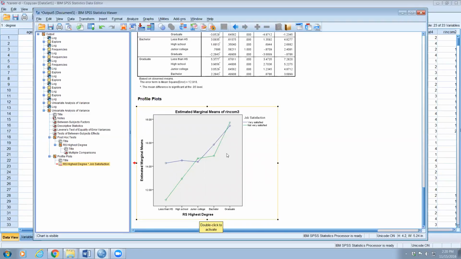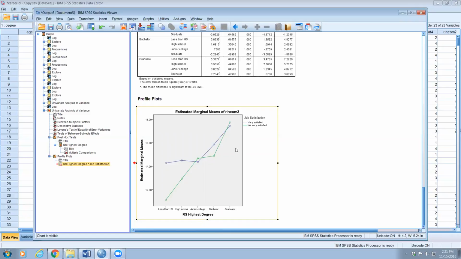Now, what do you mean by interaction between the two factors? For example, can we see that the people with a graduate degree tend to be more satisfied than the people who have high school degrees? That means the satisfaction level varies across the degree as well, and together they impact the income. So that's what it means when you evaluate the interaction effect.